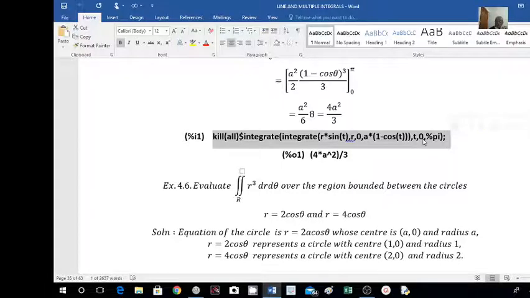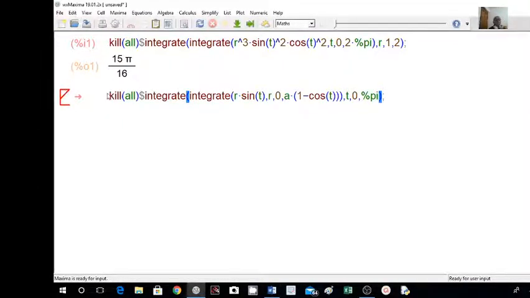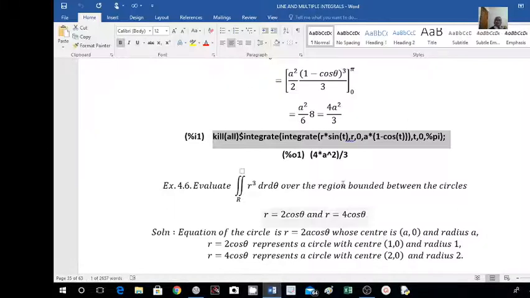I will copy this, go to Maxima, here I will paste, Control V, kill all, integrate, r sin theta, r ranges from 0 to a into 1 minus cos theta, and theta ranges from 0 to pi. So executing this, 4a square by 3. So this is 4a square by 3 is the answer.